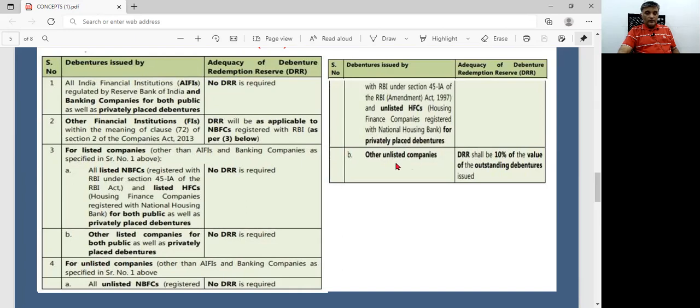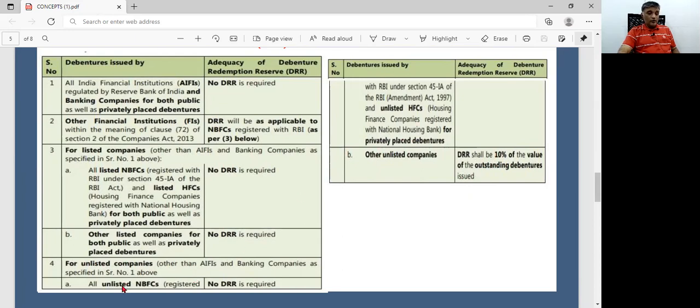If you look at the last category, this is where it's important. For the other unlisted companies, the DRR shall be 10% of the value of the outstanding debentures issued. So DRR essentially is required for unlisted companies, and those unlisted companies which are not registered with RBI.